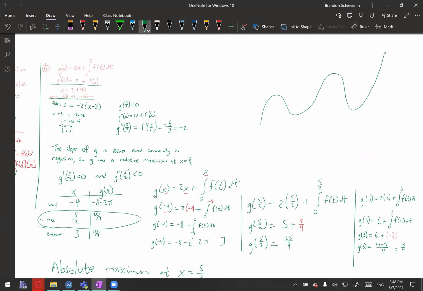I wanted to do a little bit more than that, because if I had a function that looked like this, where I kept going up after a relative maximum, or had been going down from a start point before that relative maximum, it would be possible for a start point and an end point to have a higher y value than this largest relative maximum.